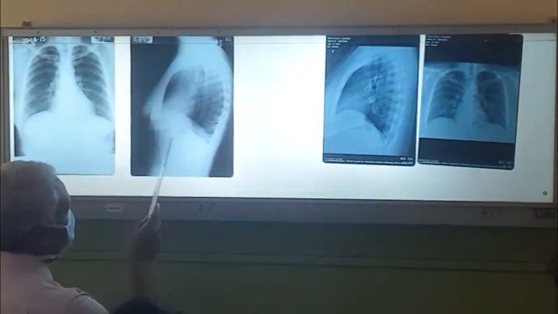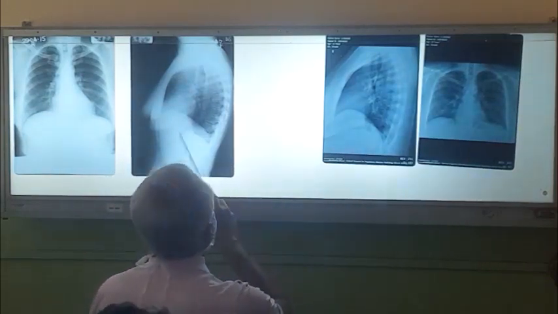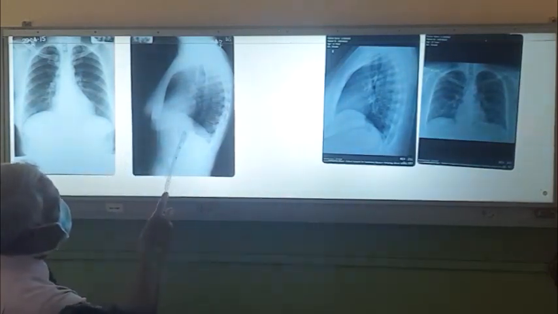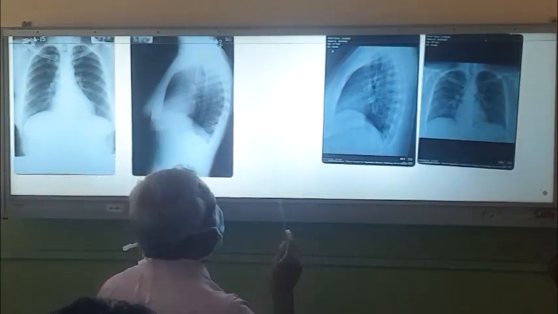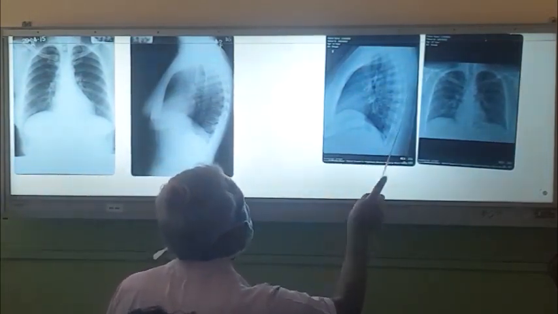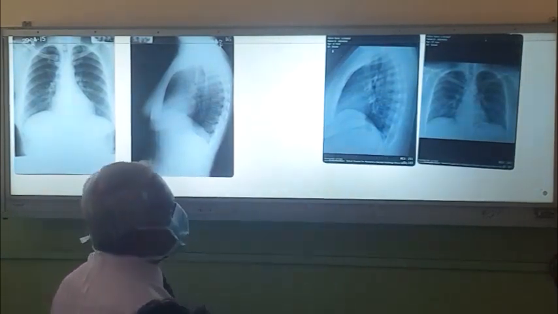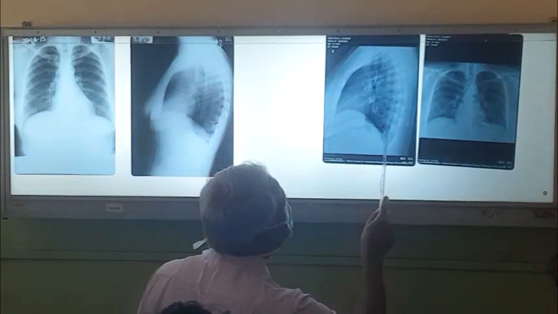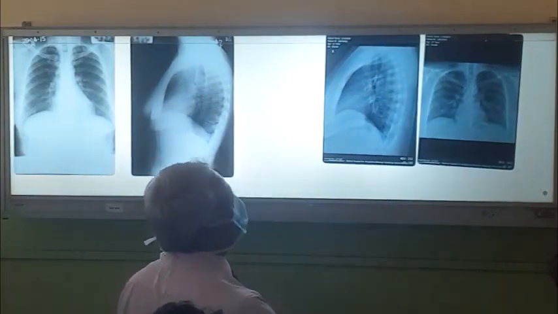On the left side you can't, because anteriorly you have the heart, so in the anterior third you may not be able to see it in a lot of X-rays, right? This is the left hemidiaphragm. If there is a pleural effusion on the left side, you will see something like this. On the right side it is shown like this, right?